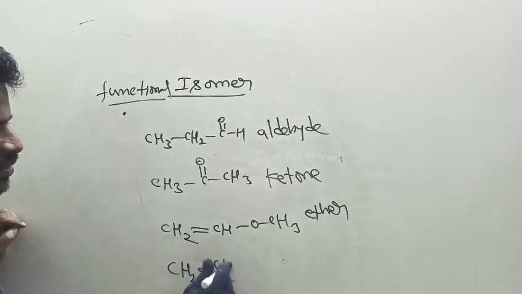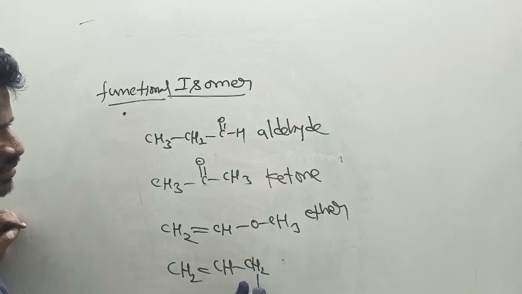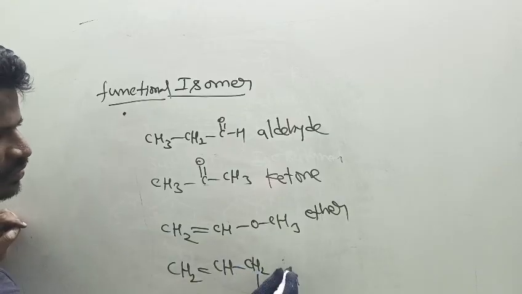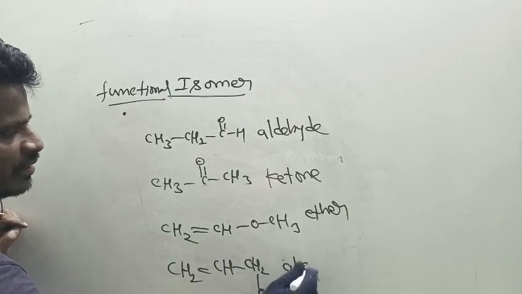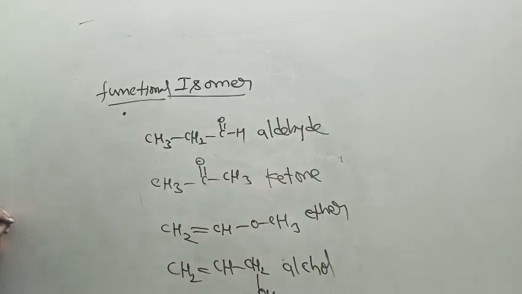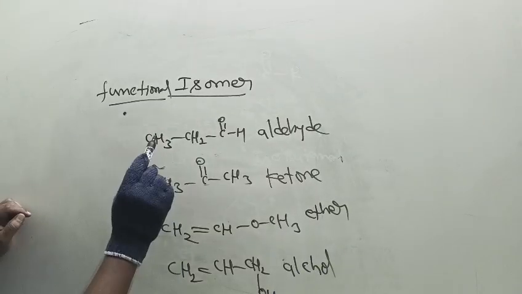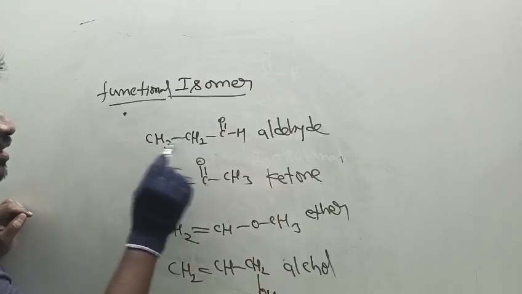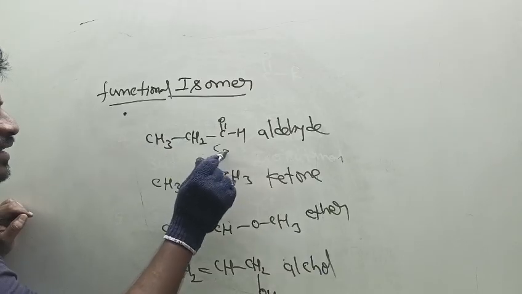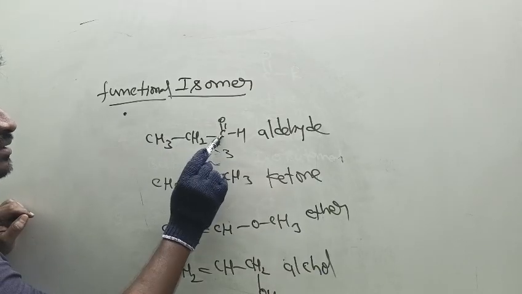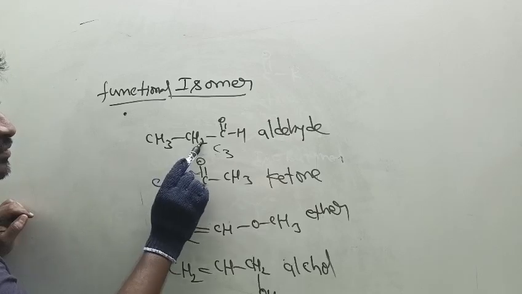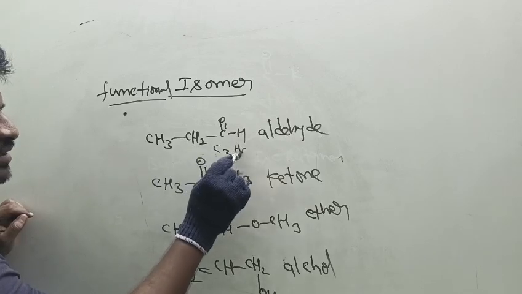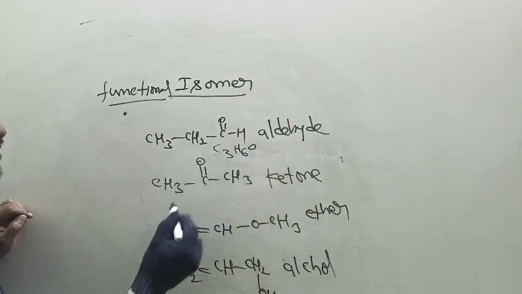CH2 double bond CH CH2OH. Due to the OH group, it is alcohol. Here this compound has a molecular formula containing 3 carbons and 3 plus 2, 5 plus 1, 6 hydrogens, 1 oxygen.